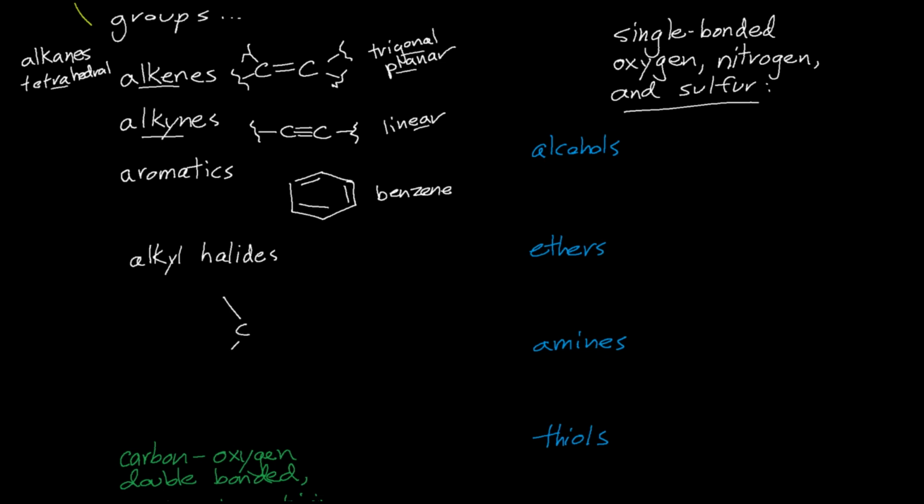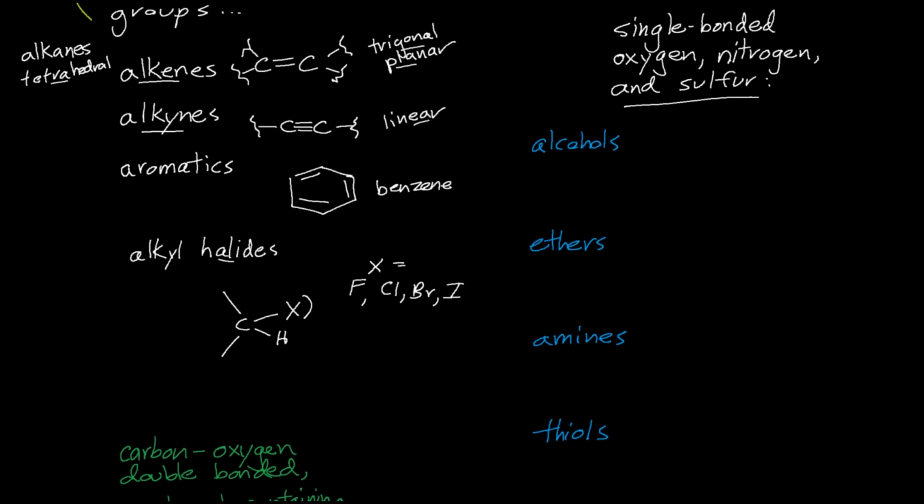Alkyl halides, well, basically anything with a carbon that has a halogen or halide on it. So fluorine, chlorine, bromine, iodine, X equals. So alkyl halides are functional groups. They behave in very particular ways.